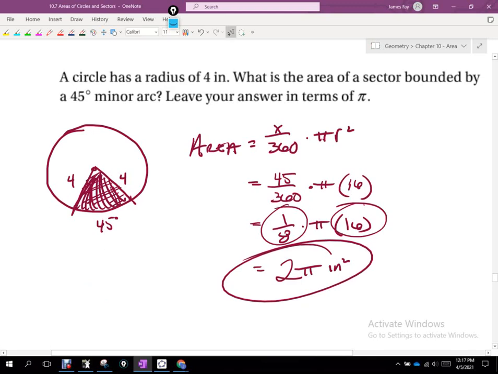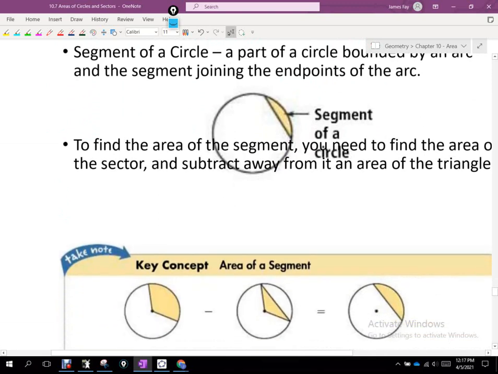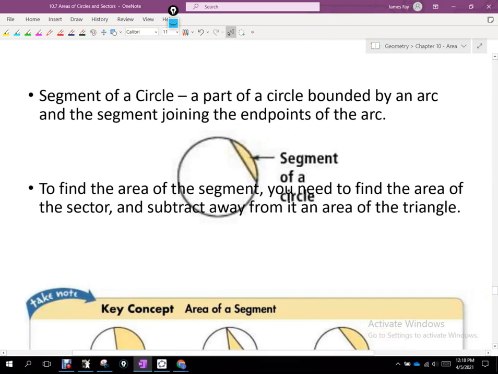All right, now, they screw with us a little bit, because the next thing they want to know is the area of a segment. And I don't know why, when I converted this over from a PowerPoint to a PDF, I just put the picture right in the middle of the words. But a segment of a circle is kind of like the crust of the pie, or the crust of a piece of pizza.